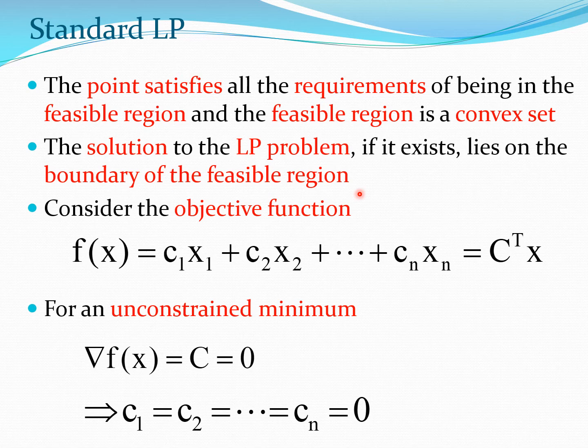Now to again qualitatively think of this situation, if we look at the function f of x and we use our calculus based thinking to find the unconstrained minimum, the gradient vector would be 0 and therefore all these constants c1, c2 to cn will be equal to 0, which essentially means the function is non-existent and therefore we can say that this function doesn't really have a proper minimum point.